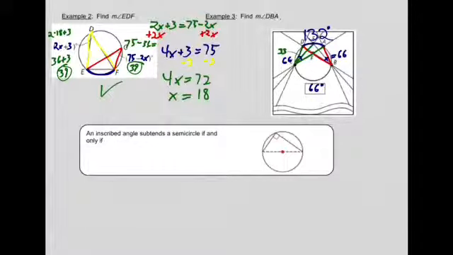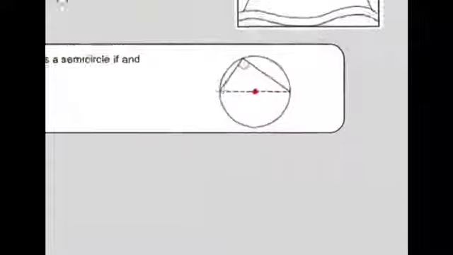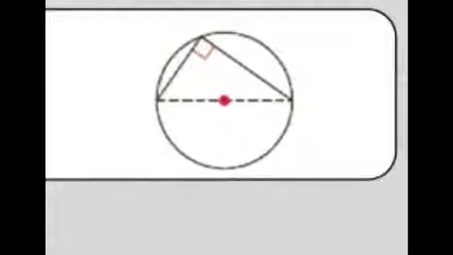All right, an inscribed angle subtends a semicircle if and only if. What do they really mean by this? Let's take a look. We've got this inscribed angle, and the angle's endpoints are at the same endpoints as the diameter right here. If this is the diameter, then what is the measure of this arc right here? 180 degrees, right?